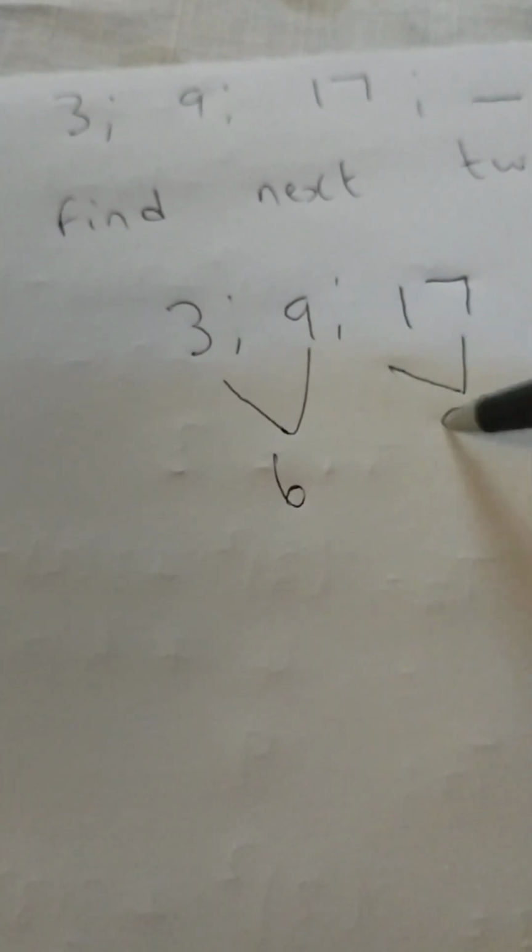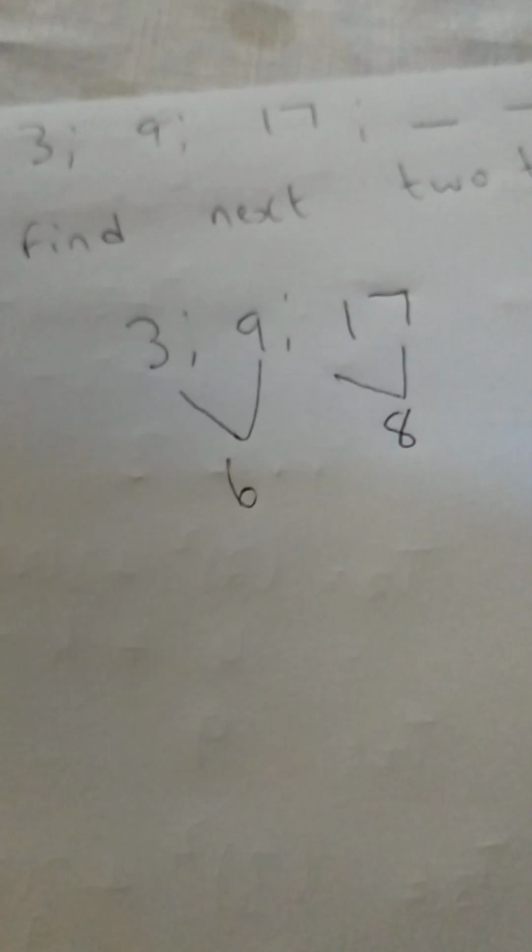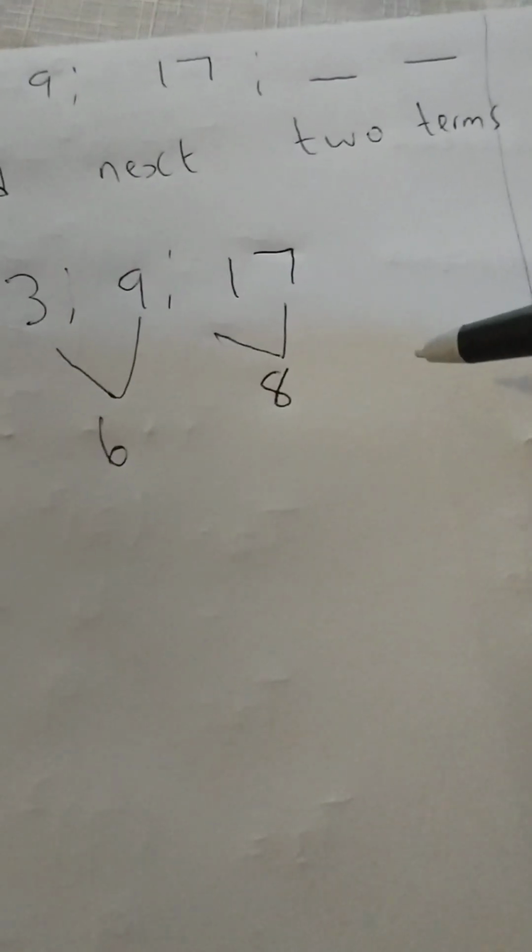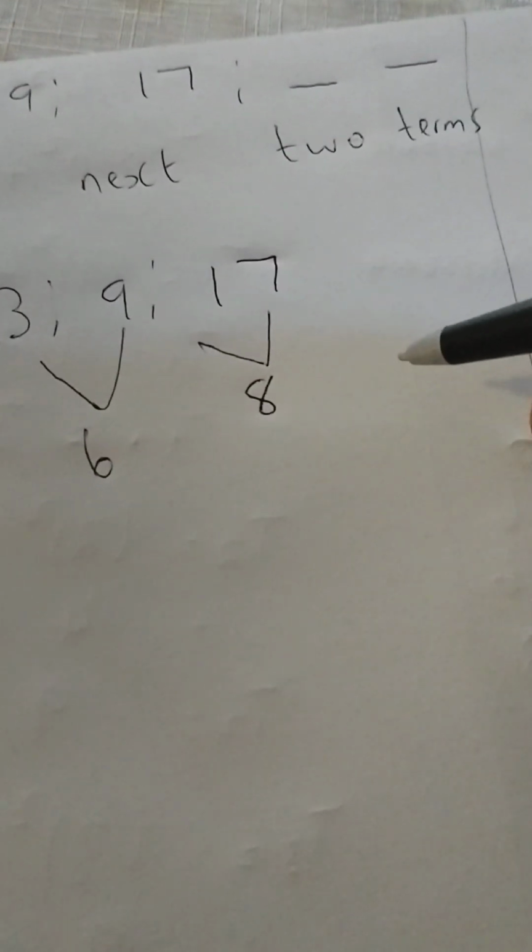The first difference will be 9 minus 3, which is 6. 17 minus 9, that will be 8. So if this sequence continues with the same pattern, the difference here is 6, the difference here is 8.